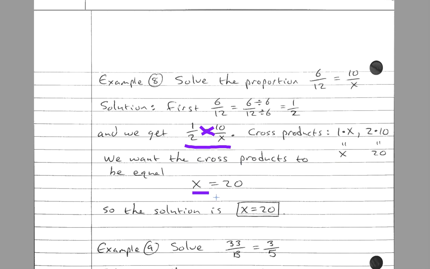And we want the cross products to be equal, so we want x to equal 20. So put a 20 on the bottom, then it works. 10 over 20, that's also 1/2. So the solution is x equals 20.